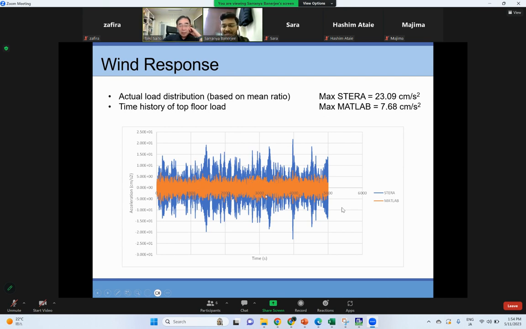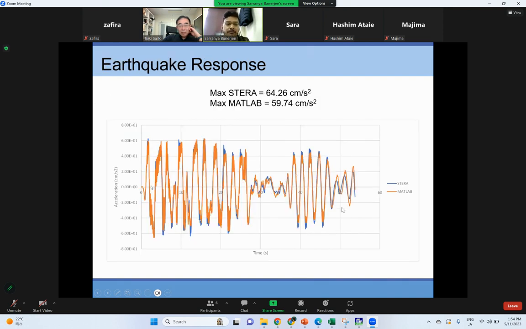However, there is some mismatch between Stera and MATLAB. For earthquake it is matching perfectly fine, so I think if the time history is the same, it will give the same result. I don't think so, because you assume bilinear.